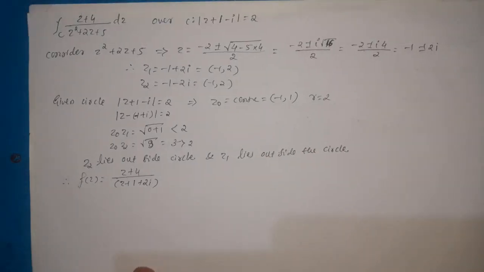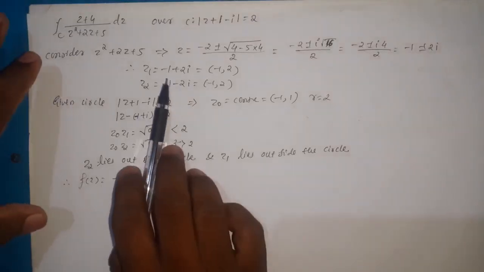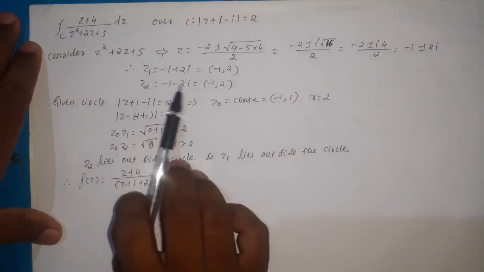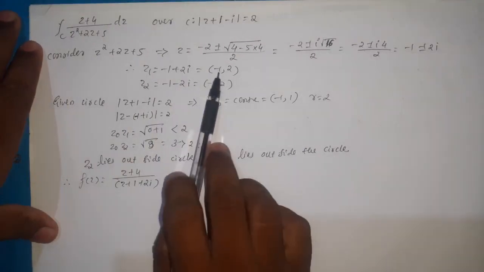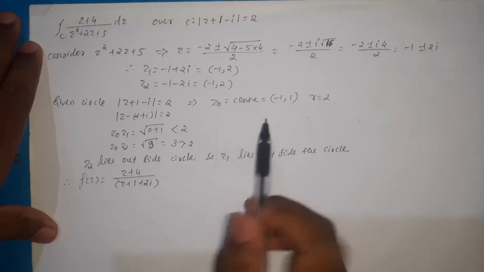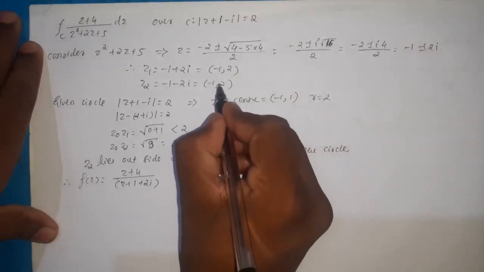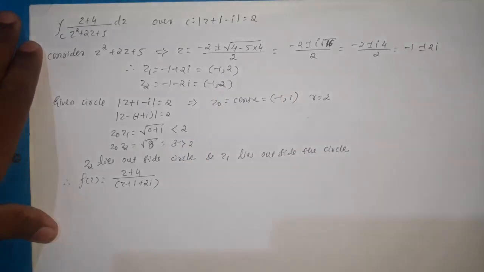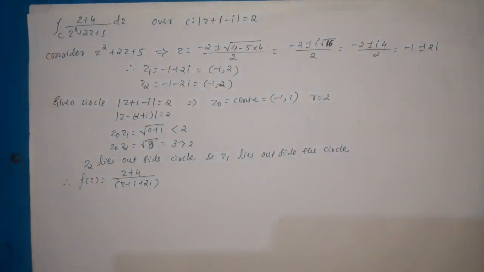So therefore the roots of this equation are minus 1 plus 2i and minus 1 minus 2i, that is the points minus 1 comma 2 and minus 1 comma minus 2.